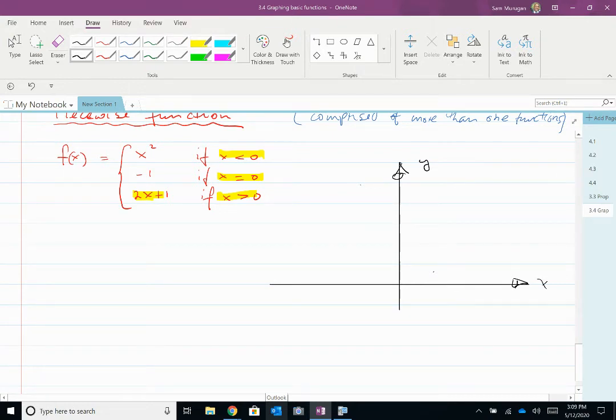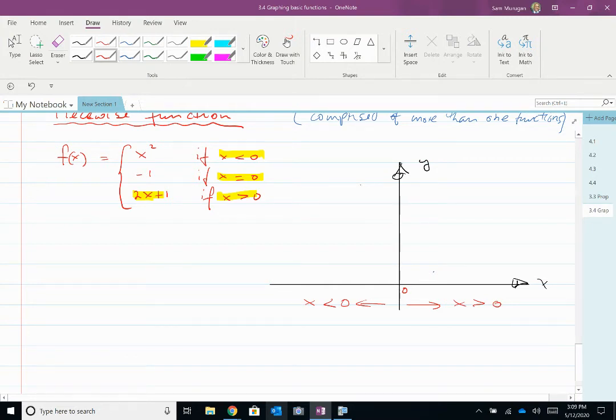And if I were to pick a couple of values, now what you have to visualize here is that to the left of 0 on the number line means x is less than 0, and to the right means x is greater than 0. And of course, in the middle, x is equal to 0.